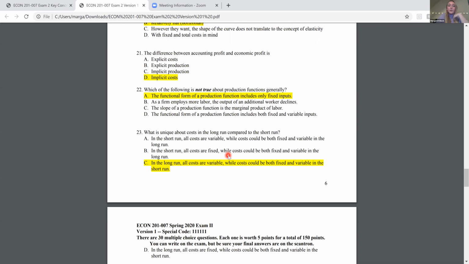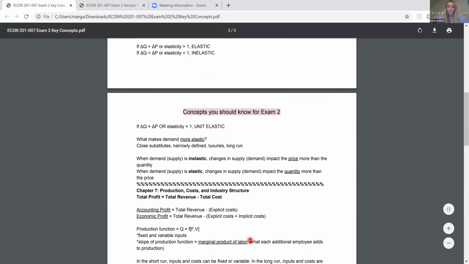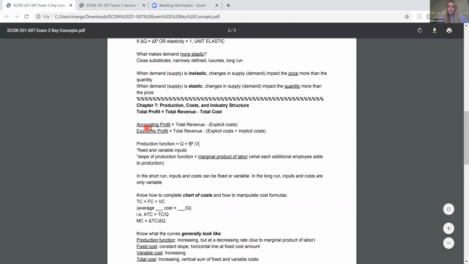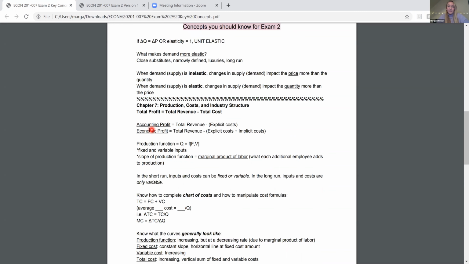So 21, the difference between accounting profit and economic profit is implicit cost. So if you were to sit in an accounting class, you would find that accounting profit is just total revenue minus your explicit costs.